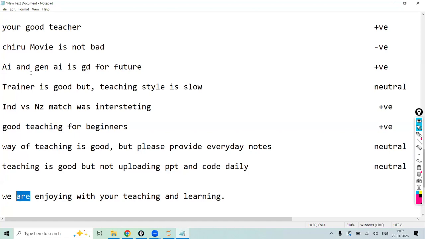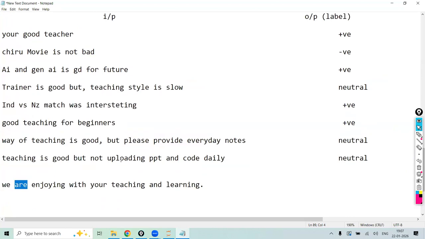Next, "are". How many times is "are" there in this entire data? That might come in the positive, the negative, or the neutral, anywhere. But how many times?